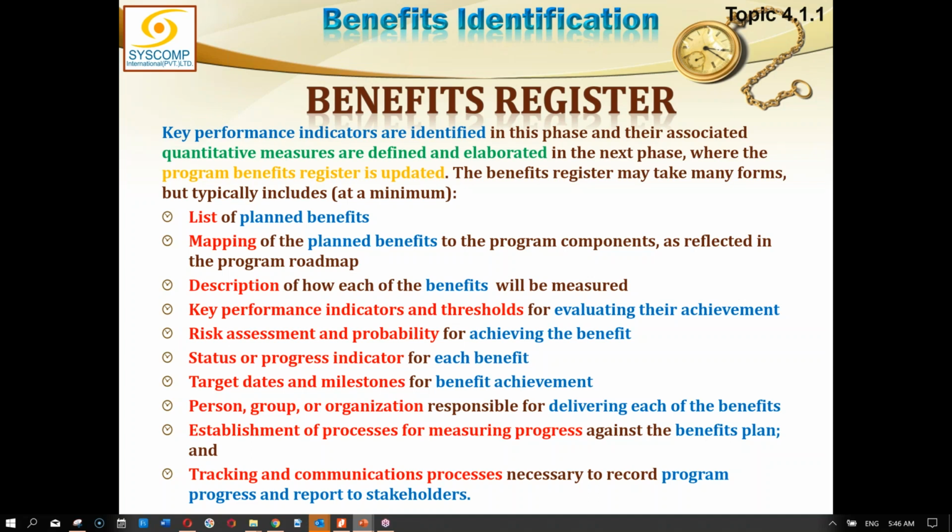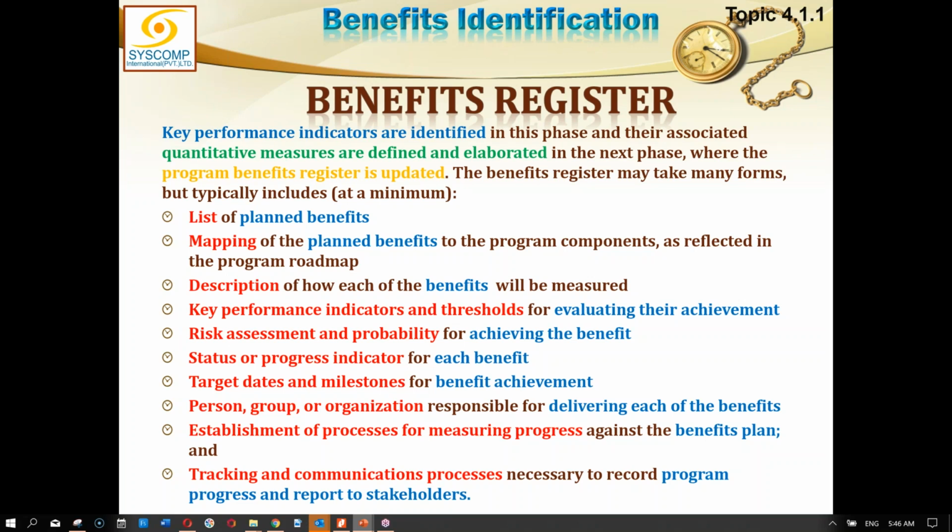Status or progress indicator for each benefit. So this status is actually going to tell you where you are in the life of the program and what benefit has reached what stage. So this status will update you on the progress of that benefit. Target date and any milestones for the benefit achievement must be noted down. Person, group, and organization made responsible for delivering each of the benefits.